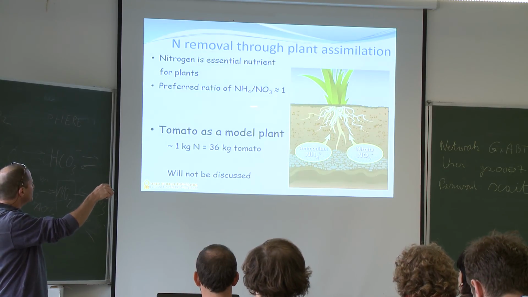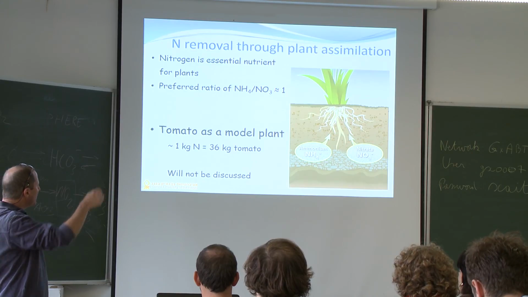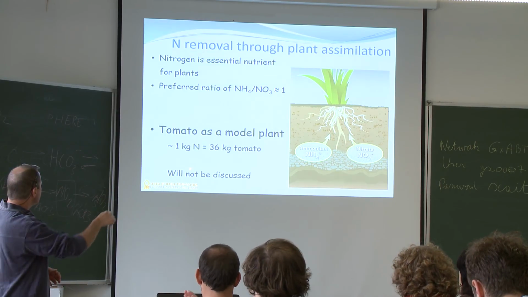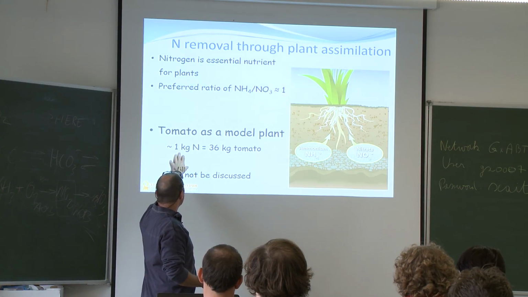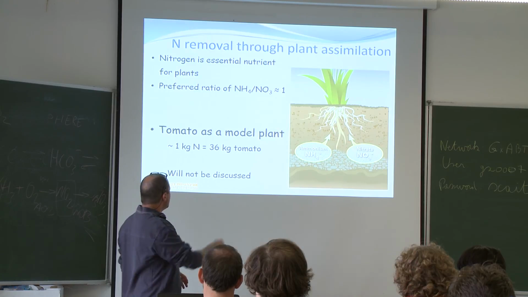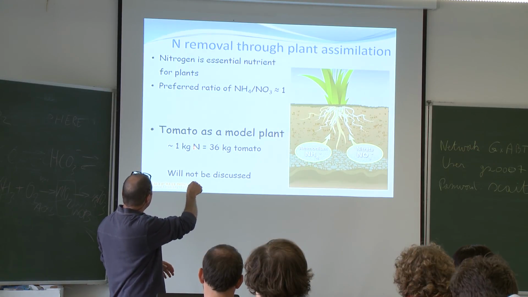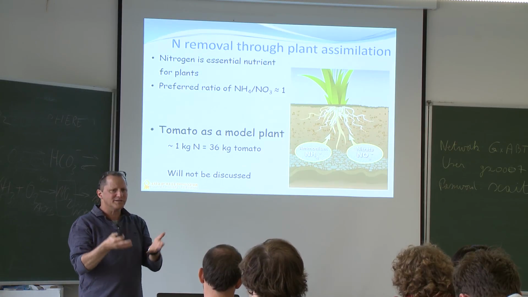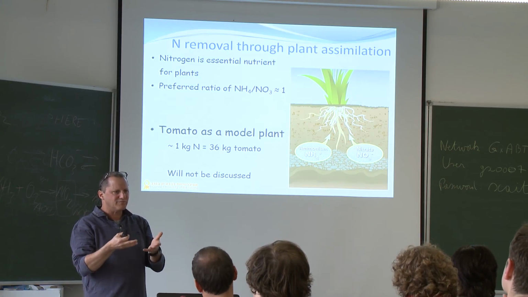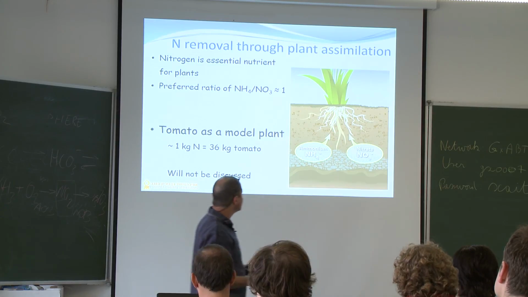The preferred ratio, for tomatoes, is about 1. It changes with plants. You can also know how much 1 kilo of nitrogen will support. So now we can start to plan our systems.